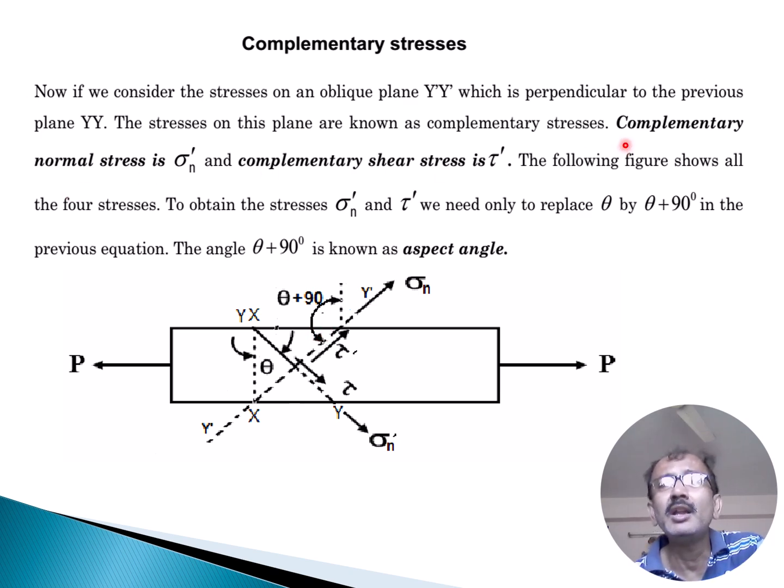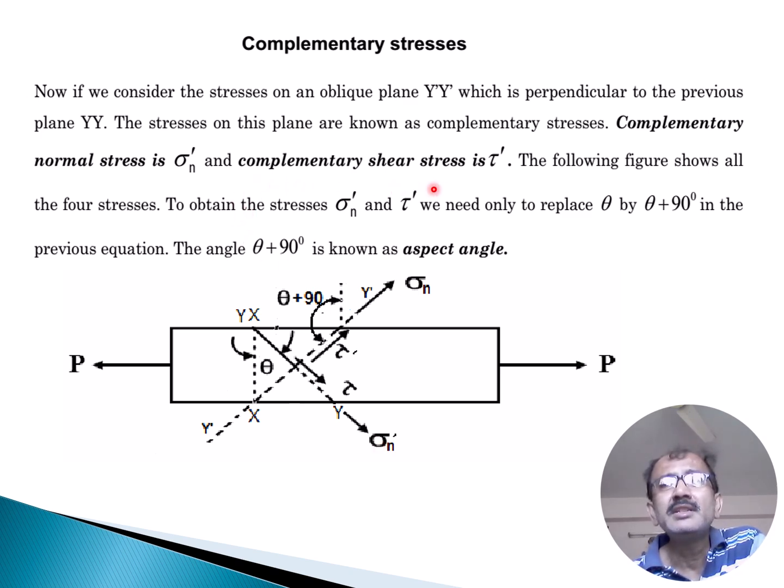In the case of normal stress, that should be the complementary normal stress, sigma n dash. If you see the diagram, the stress on this plane is sigma n dash, that is the normal one.